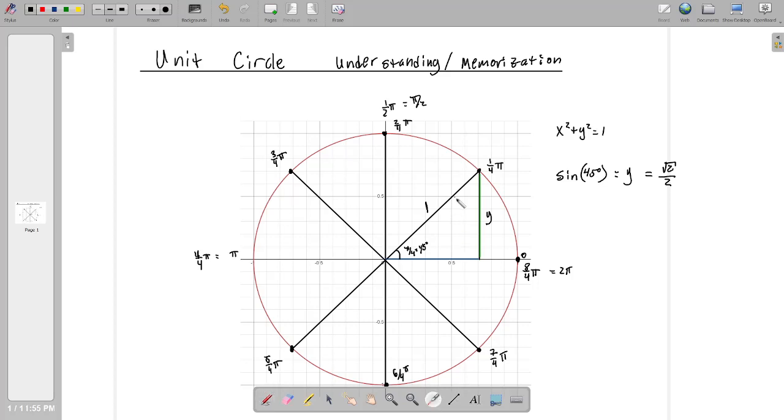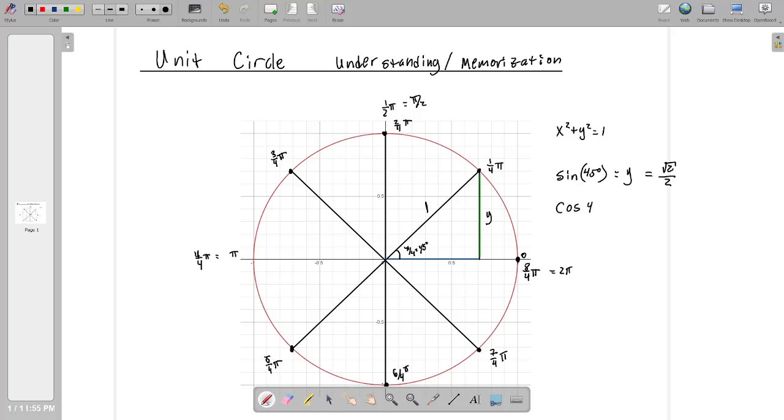In a similar fashion, we can figure out what x is in actually a couple of ways. If I know what my y value is, I can plug it into this equation and solve for x, or I can do the same thing that I did with sine and ask, what trig ratio draws an equation between this angle, the adjacent side, and the hypotenuse? And that's cosine.